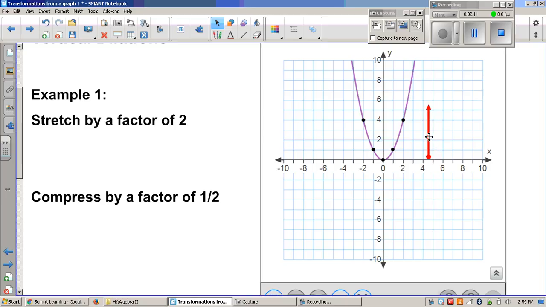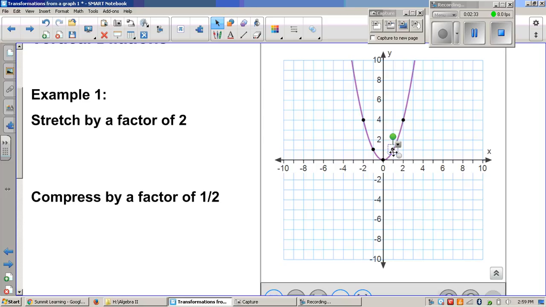How I change those vertical components, like I said, there's a couple different ways to approach this, but let's take this point, for example. It is 1 unit away from the x-axis. That's the vertical coordinate of this point, 1 unit above the x-axis.